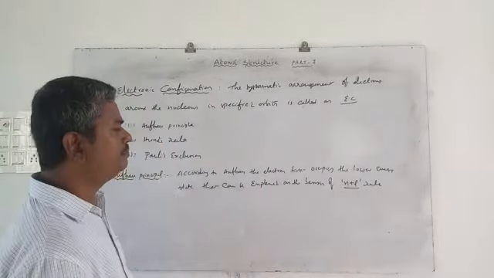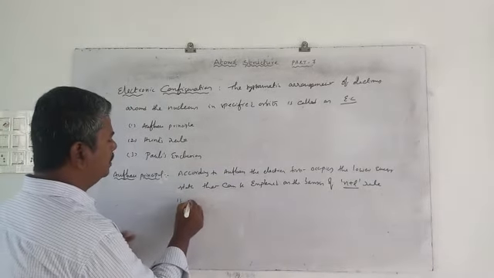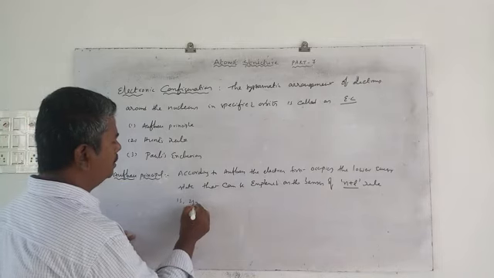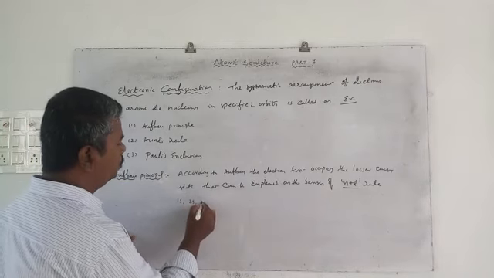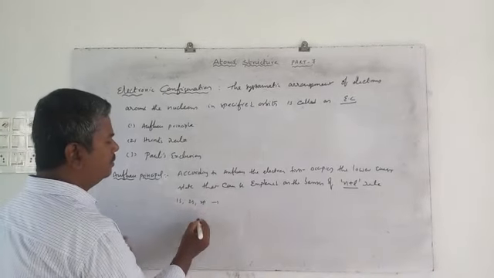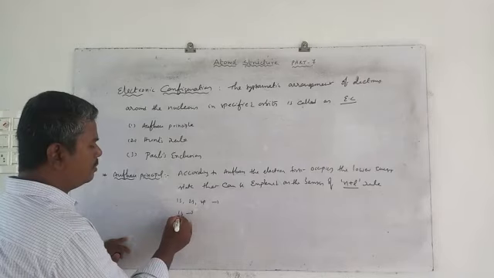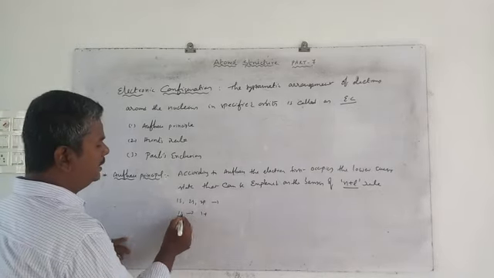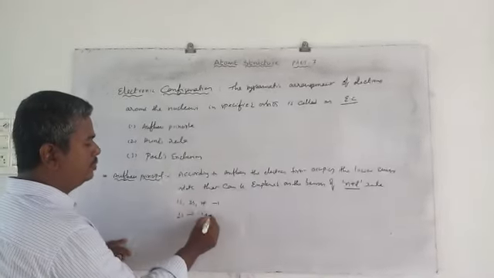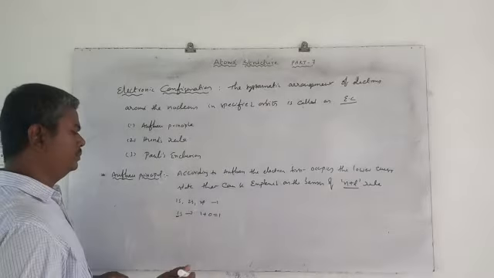For example, compare 1s, 2s and 2p. For 1s, the principal quantum number is 1 and the L value for the s orbital is 0, so n plus L is 1.